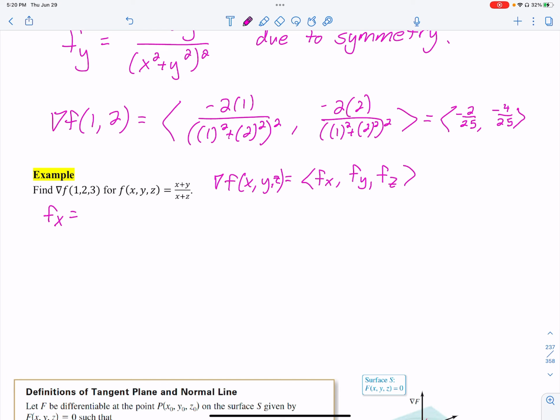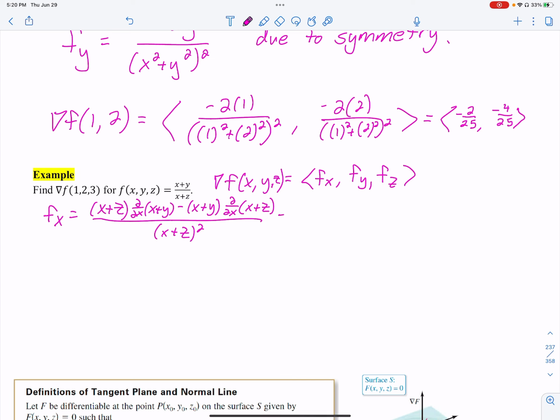Okay, so we have the gradient of that function with respect to x. So I'm going to do low d high. I'm going to actually write this out. Partial with respect to x, low d high minus high d low, all over low squared.